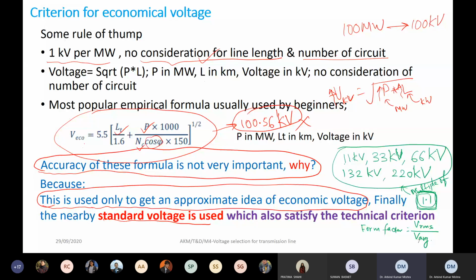In the very beginning, when the transformer was being developed, it was thought that the transformer cannot work if its voltage in either the primary or the secondary is not a multiple of 1.1. But later on it was proved that this was only a myth. It was not true; the transformer can change any voltage level.